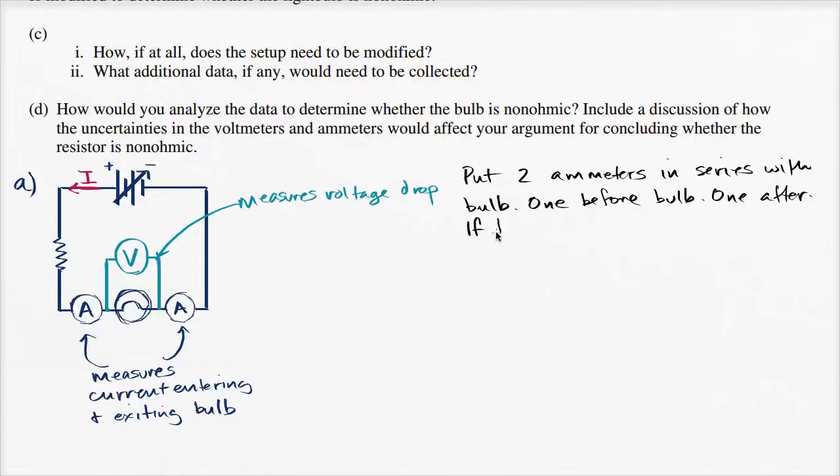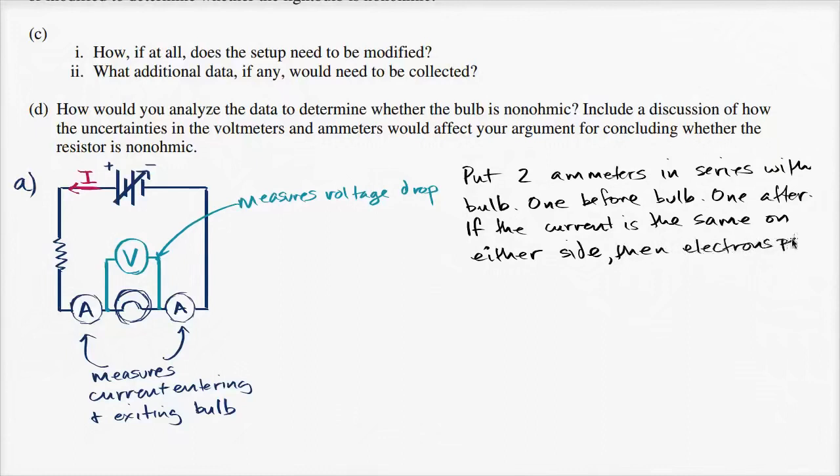If the current is the same on either side, then the electrons per second entering and exiting will be the same.